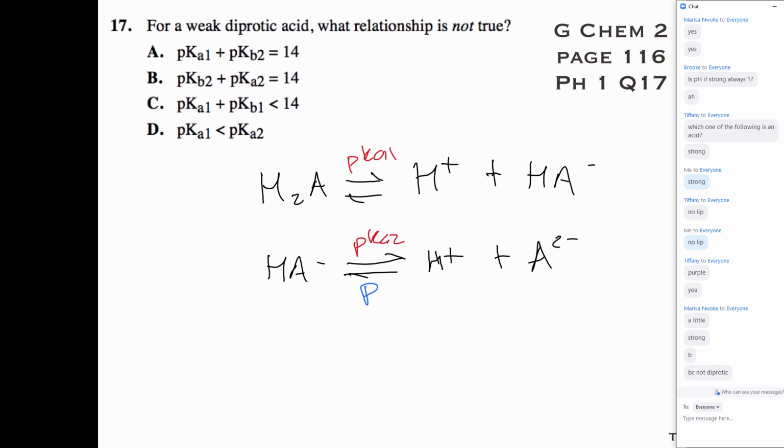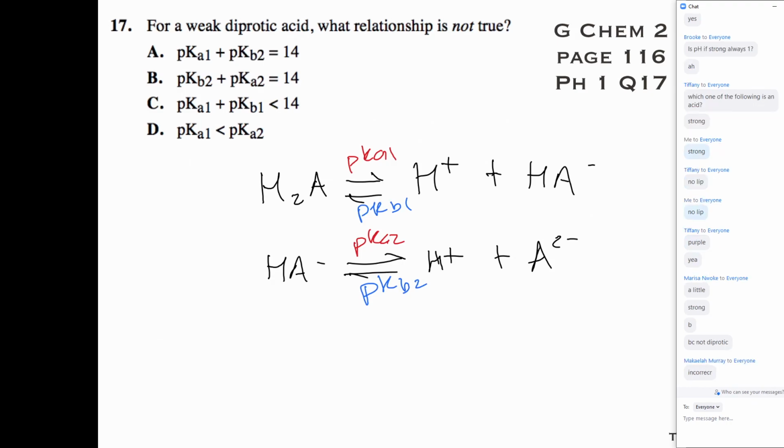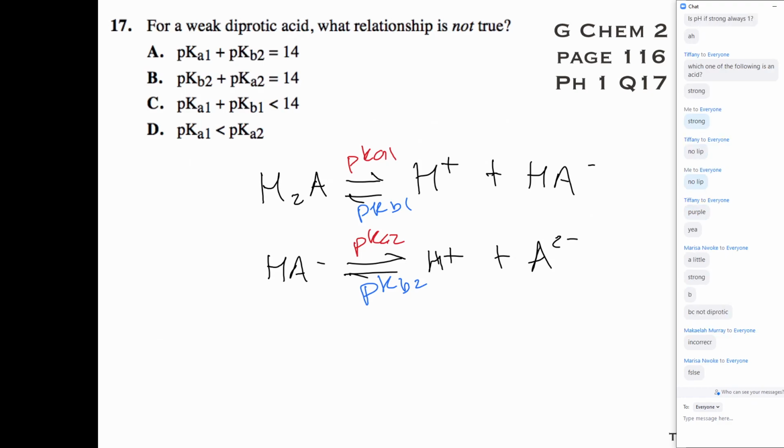So going backwards, this is pKb2 and pKb1. True or false? Have I gotten that correct or incorrect? Incorrect. Why? Kayla, what have I done wrong? How do we name our pKs or pKbs, excuse me?